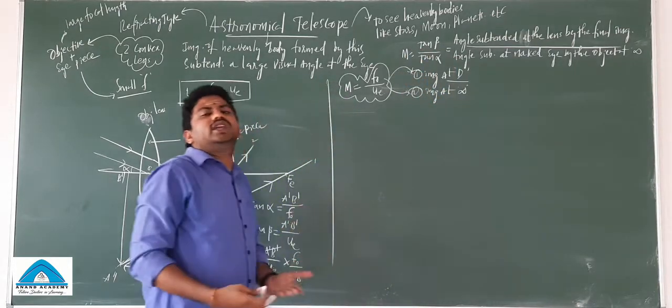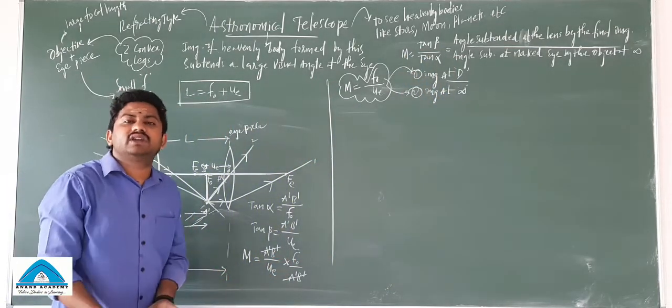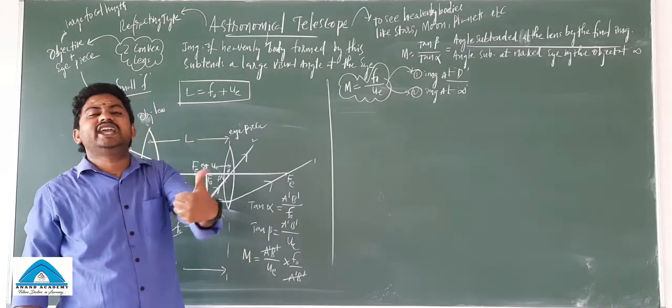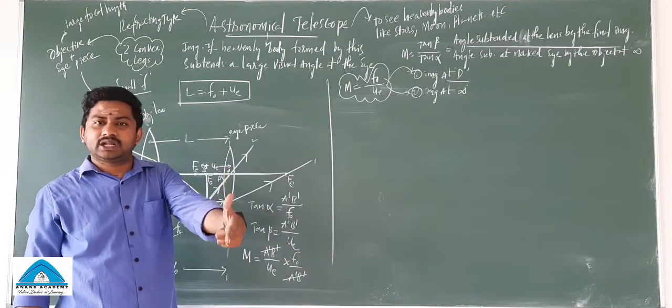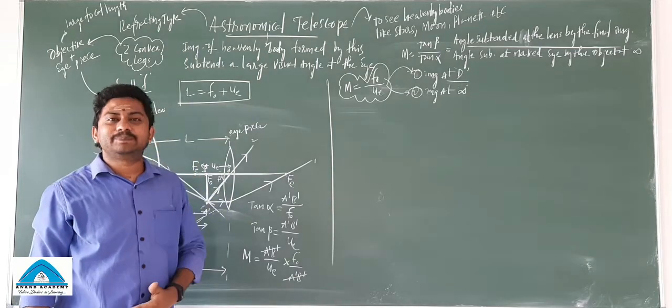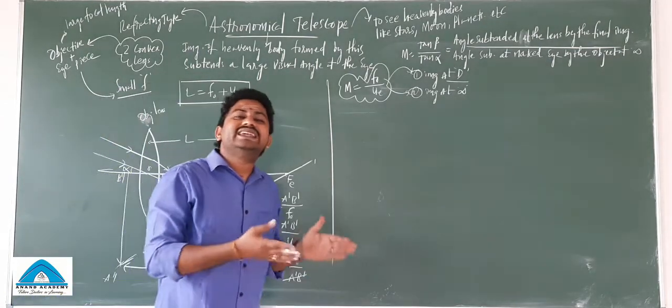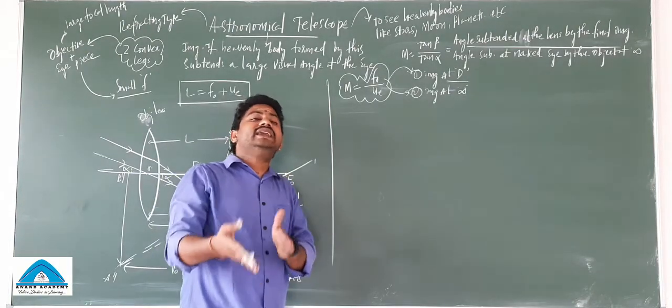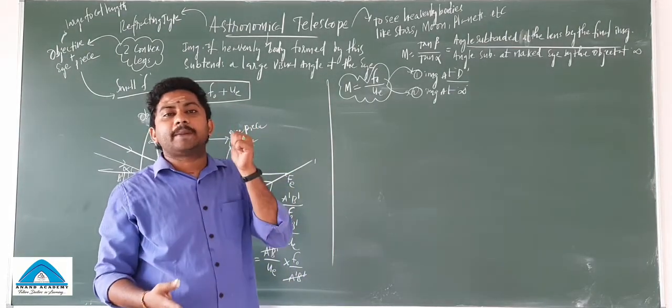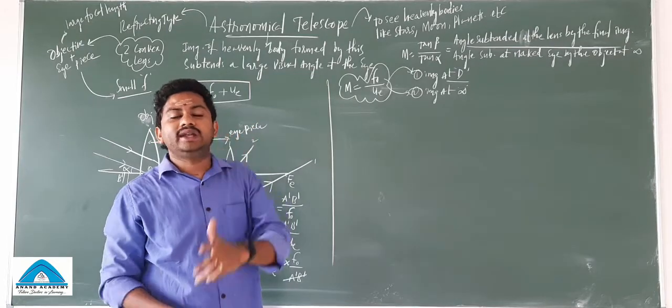In both cases, we are going to find the relation among the D value, the focal length of the objective lens, and the focal length of the eyepiece. So the complete magnification concept is taking the relation among capital D, F naught and Fe.